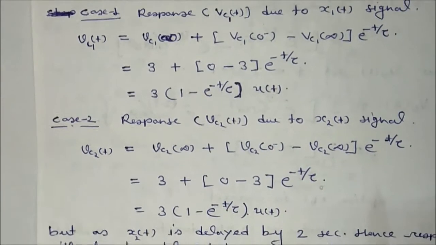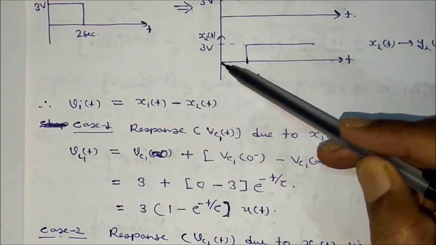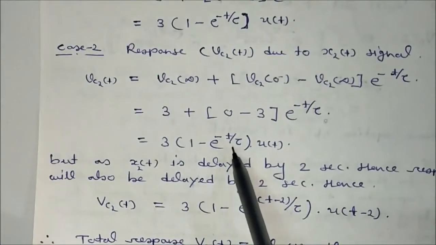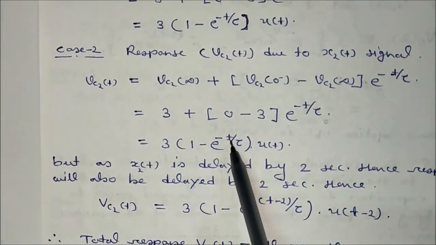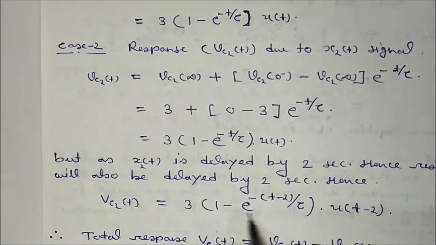But see here what is happening, this signal is not starting at 0 position. So in the final expression, I will just delay this signal by 2 seconds. Then the final expression for Vc2t is equal to 3 times 1 minus e to the power minus (t minus 2) by tau. Is it okay?